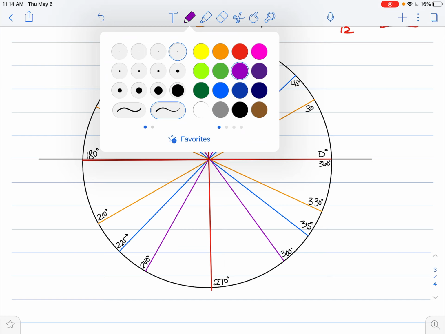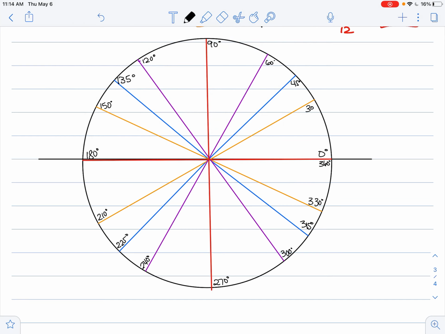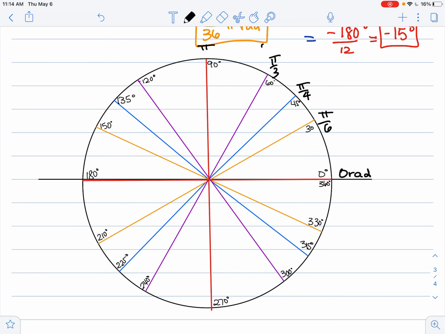So now we're going to label them, and I want you to take your pencil, and we're going to label them in radians. So in radians, this is 0 radians. This 30 degrees is pi over 6 radians. 45 is pi over 4. 60 is pi over 3 radians. 90 is pi over 2.